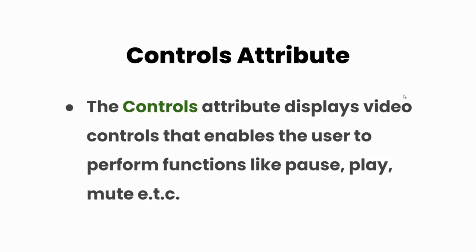Next, we have the controls attribute. This particular attribute is very, very important. The controls attribute displays video controls that enable the user to perform functions like pause, play, and mute. Of course, everyone has at least seen a video. I don't think there's anybody that has never seen a video before.